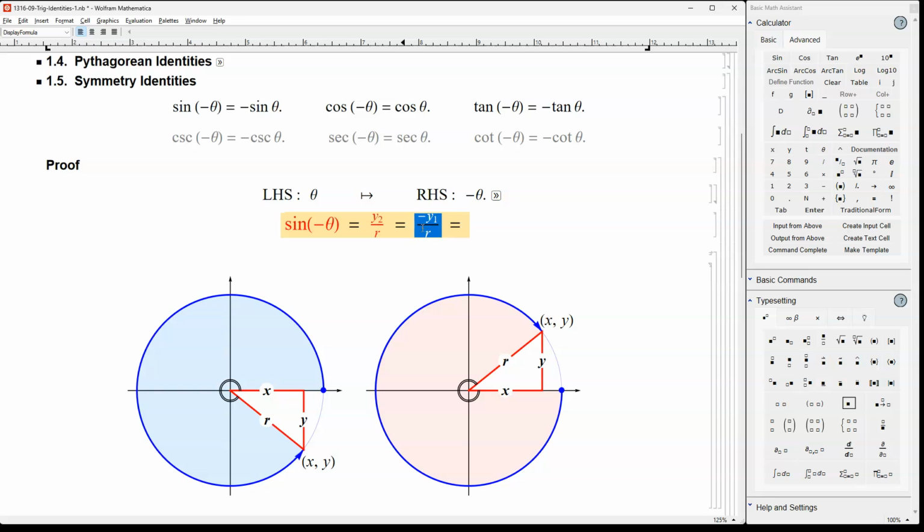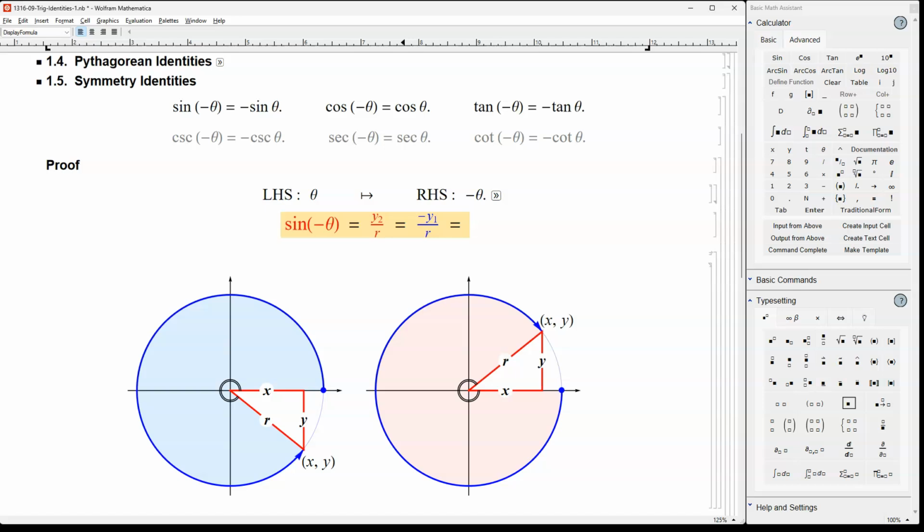And now back to the first picture. Remember, y2 and y1 have opposite sign. One's going down, one's going up, because we are looking at the symmetry with respect to the x-axis. Counterclockwise versus clockwise, all right?